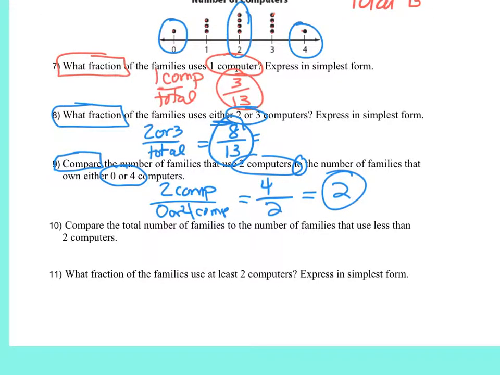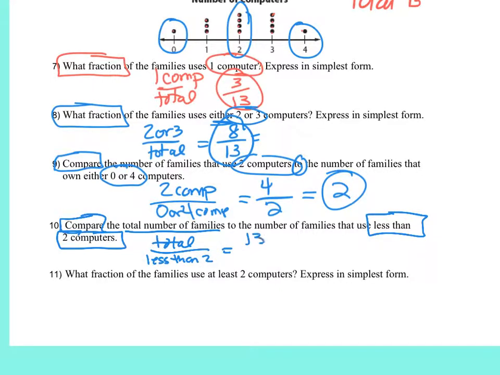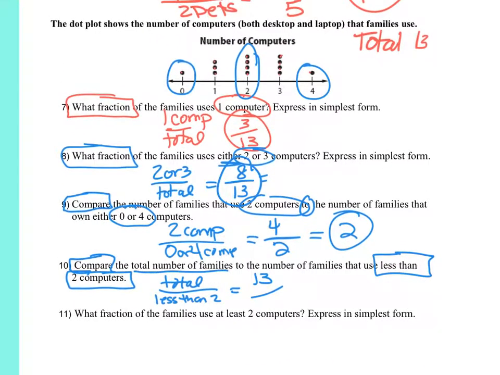Same thing on number 10. Compare the total number of families. So we're going to divide the total number of families by the number of families that use less than 2 computers. How many families use less than 2? 4.